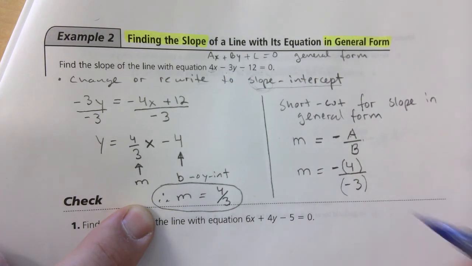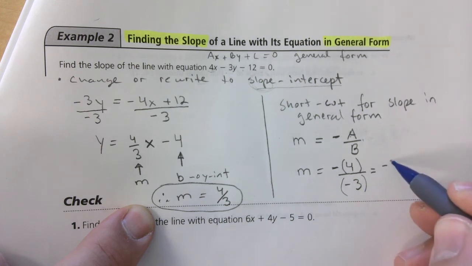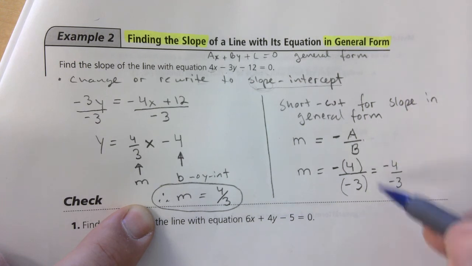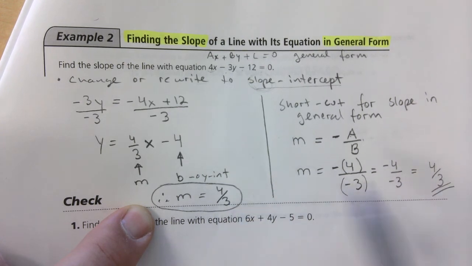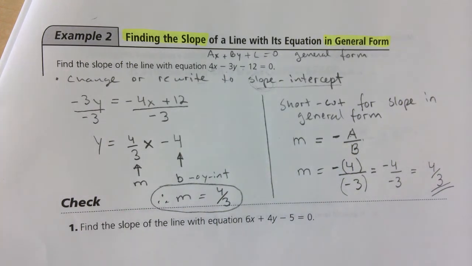So you plug the -3 like that. Now let's get rid of the brackets because we don't really need them. So you end up with a positive 4/3 slope, which is exactly what we wanted in the beginning. So this is a shortcut to get there. If I just ask you quickly, state the slope, no problem.